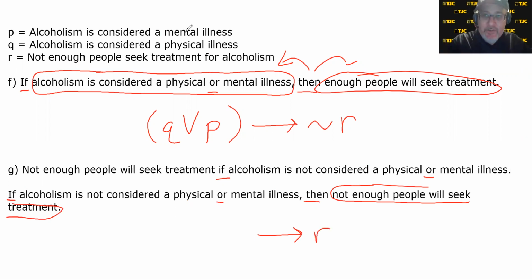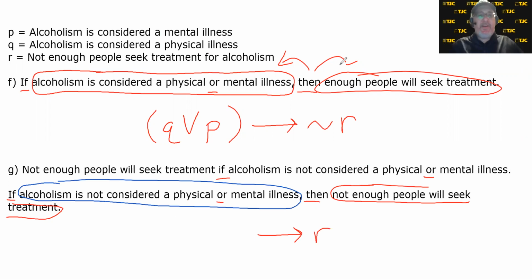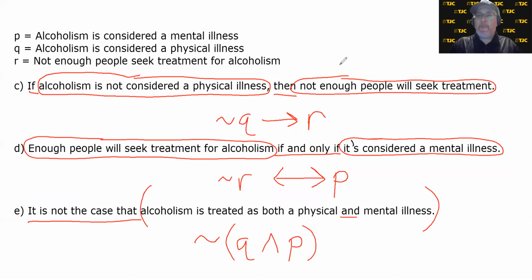But the one on the left, which I'm going to circle in blue, I don't know why, is a little trickier. If alcoholism is not considered a physical or mental illness, is this the same as back here when we had the parentheses? The answer is no, because it does not say it is not the case that. So we're not going to have negation in front of parentheses.